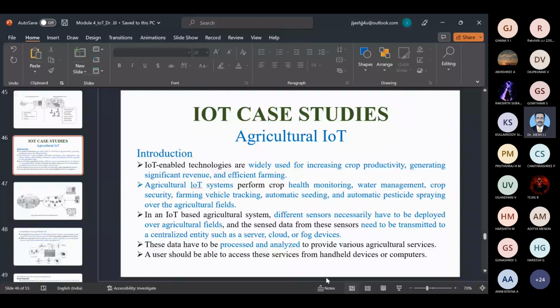And you can also monitor the health of the crop, what water management process is taking place, whether the land is dry or it is too much flooded with water, or what the crop security is like, whether the birds are attacking the crop, or there are some other insects or animals which are going to attack and destroy the entire thing.